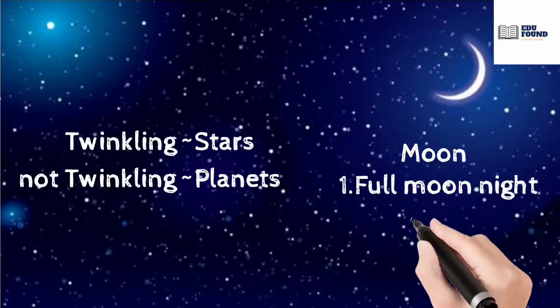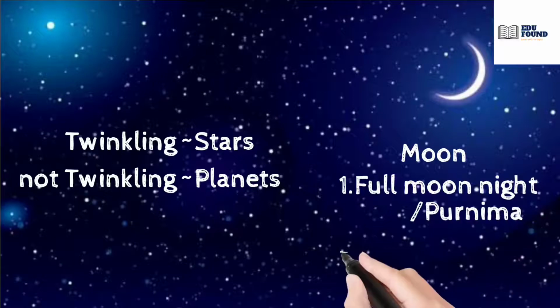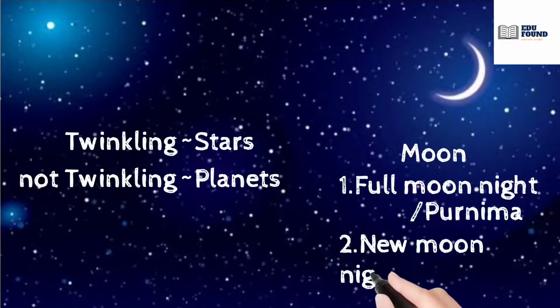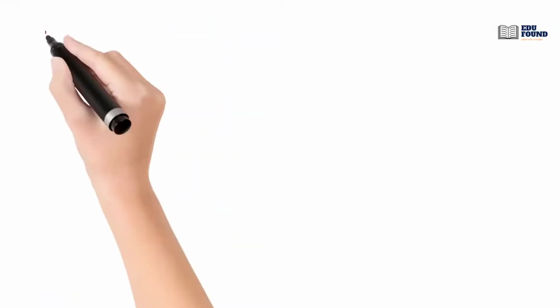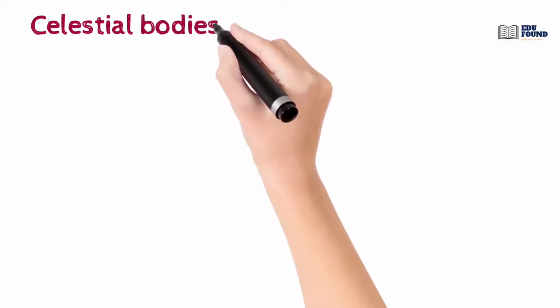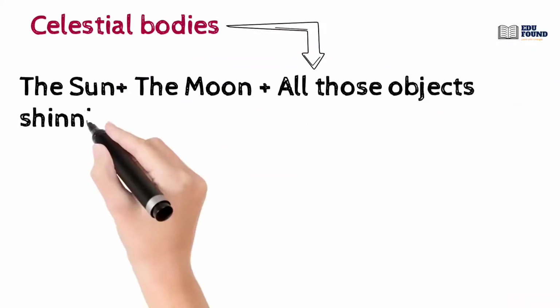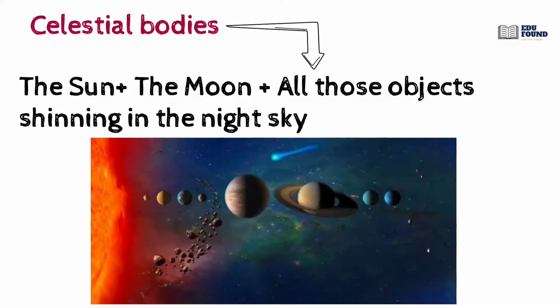We call it full moon night or Purnima, and sometimes we can't see the moon in the night sky and call it new moon night or Amavasya. It happens every fortnight. In daytime we can see the sun. So the sun, the moon and all those objects shining in the sky are called celestial bodies.